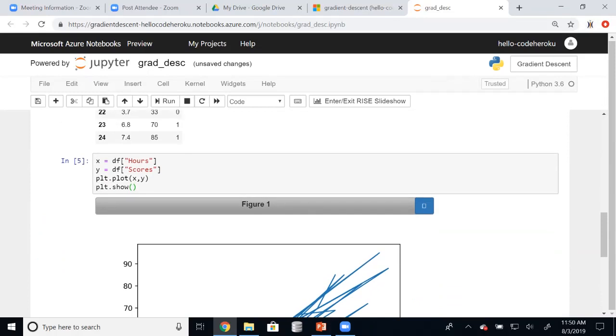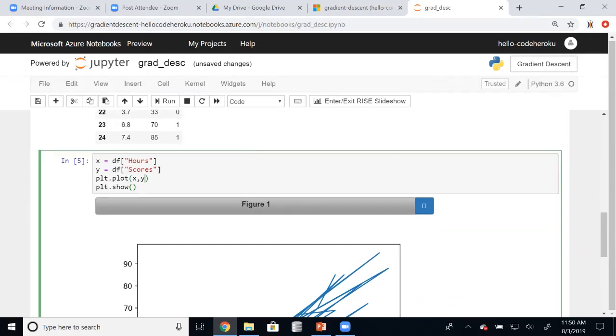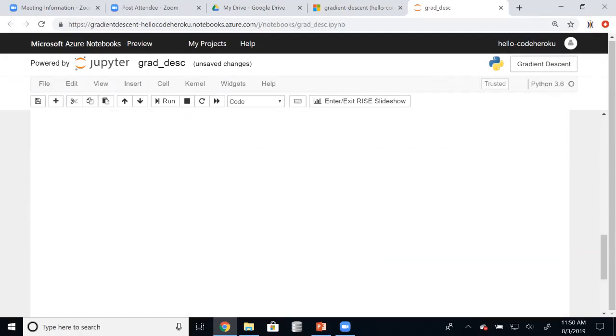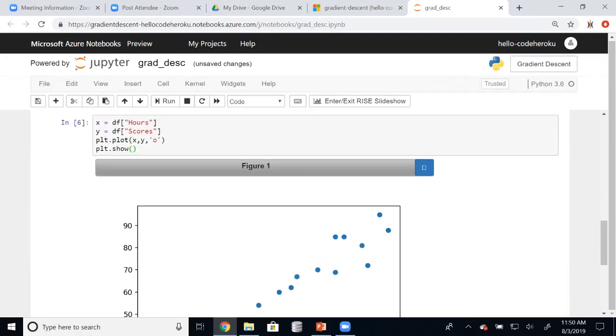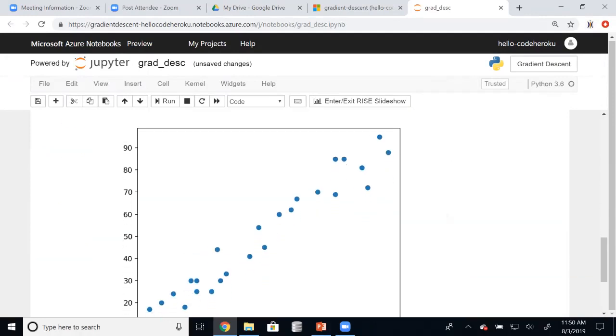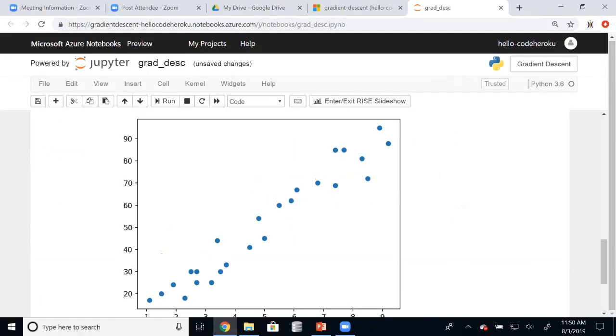All right, so we want to make sure that we have not got a scribbled line. We want to do a scatter plot rather than doing a line plot. So I'm just going to add 'o' over here as well. This will give us dots, like we have seen before.